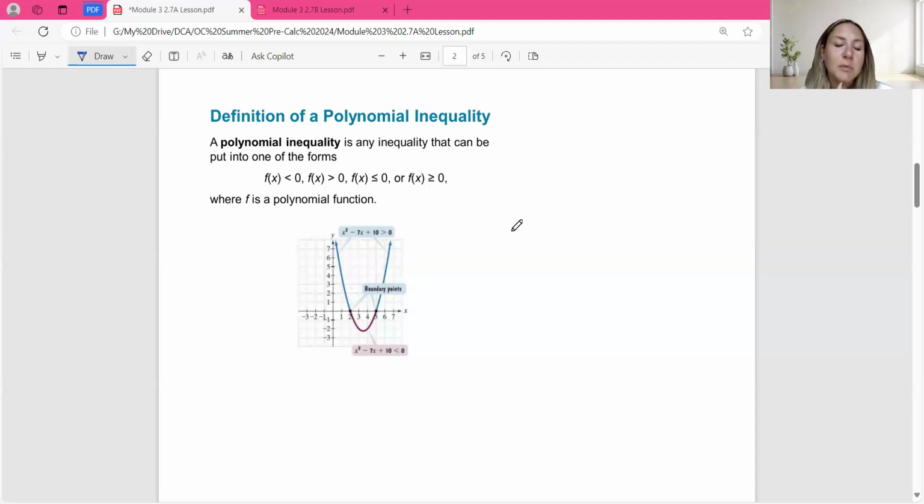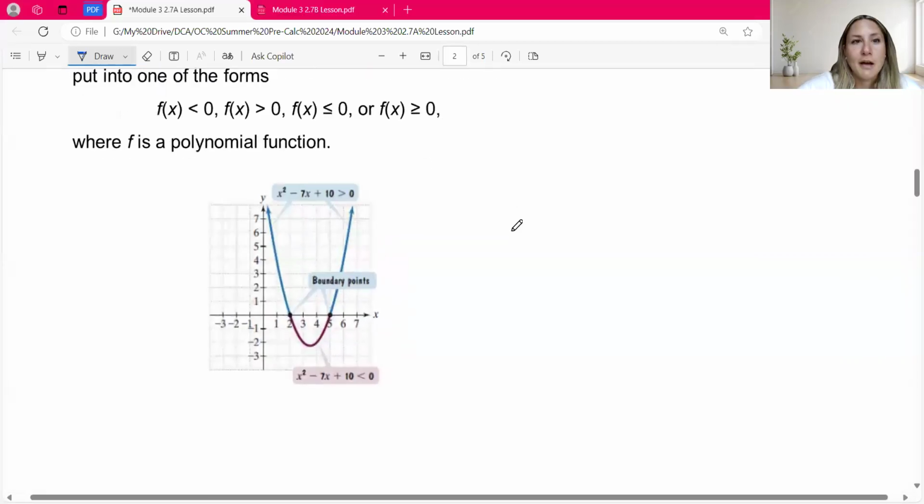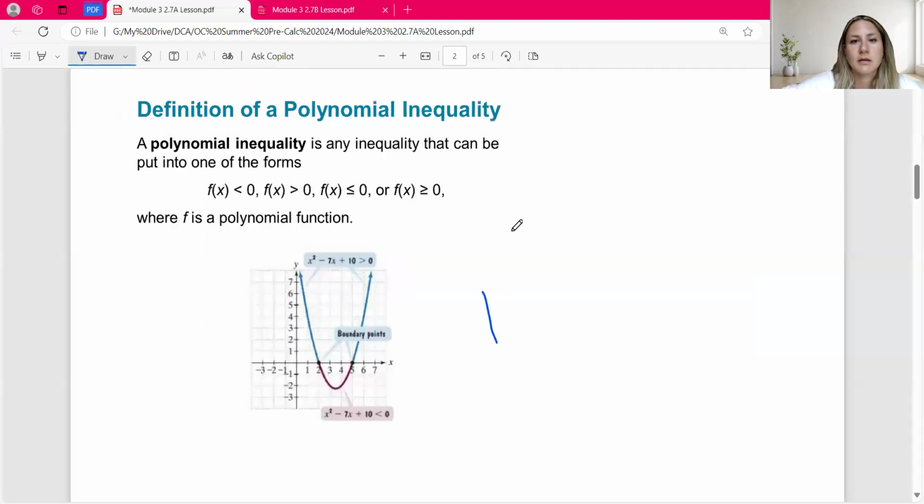The main thing when we go to solve, and that's what I want us to look at with this graph a little bit, is when we have a function and it's greater than 0 or less than 0, what we're really interested in is looking at where it intersects the x-axis, because that's where 0 is. That's where the function is 0.